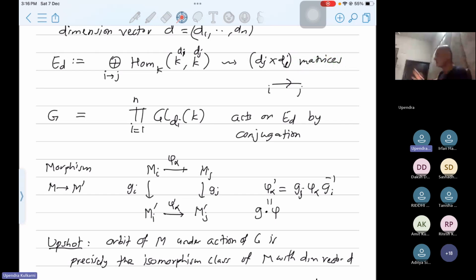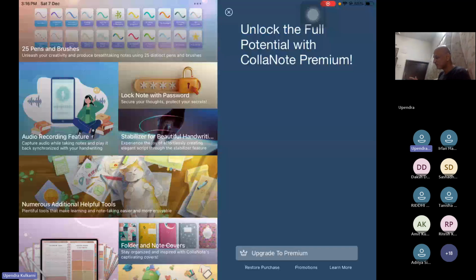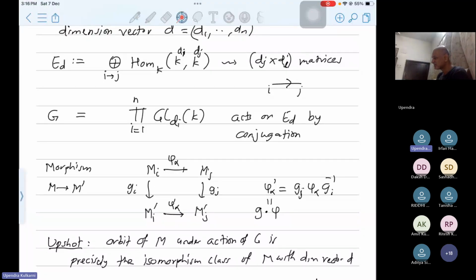That is, I let the product of these GL d_i act on it and just see how many orbits there are, because everything in an orbit is going to be equivalent to each other. And of course, given an orbit, there is a representation like that, namely, just pick one such family. So this is the translation. It's a standard way of thinking, but if this is the first time you have seen it, it may take a little while to see what is going on.